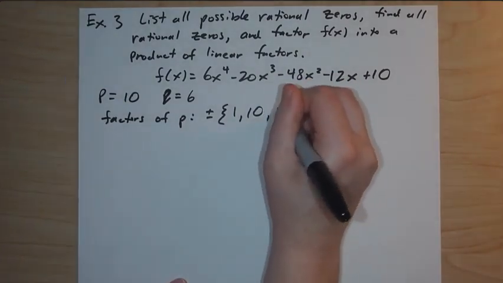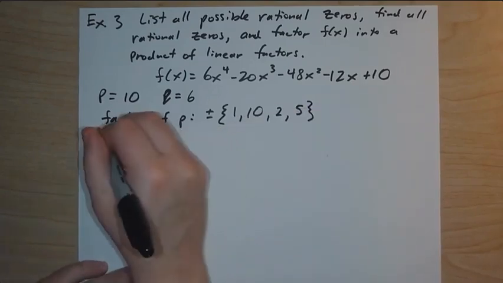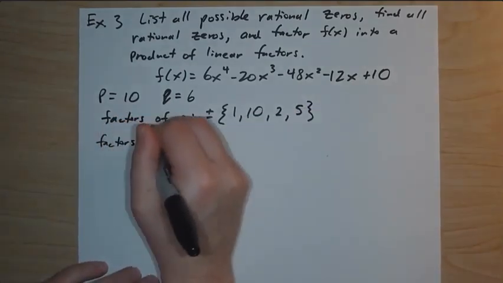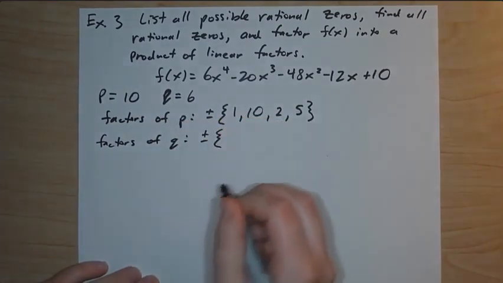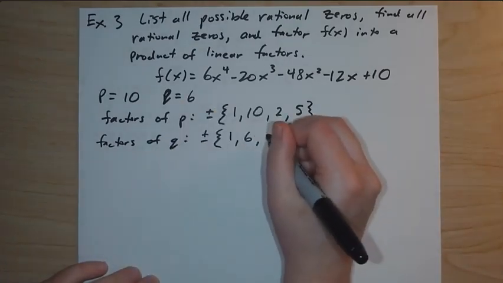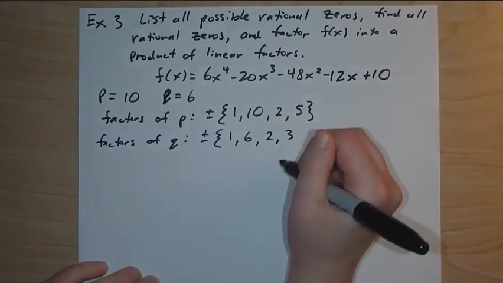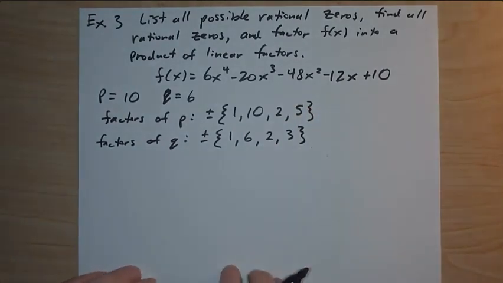We also have 2 and 5. And if we look at factors of Q, this again is going to be a plus minus list. We have 1 and 6 for Q. We also have 2 and 3. And that's all the factors for Q.